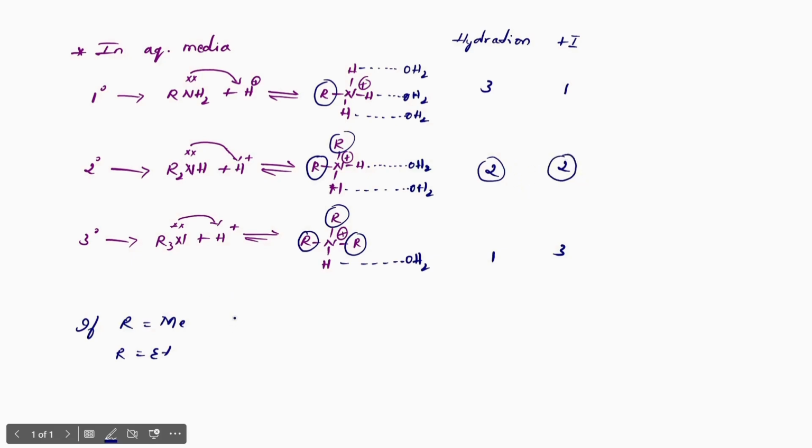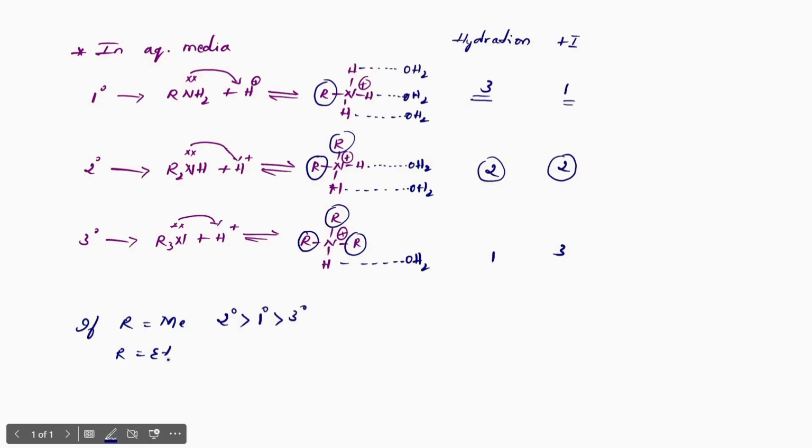Therefore, secondary amines are more basic than tertiary and primary. Then, coming to primary amine, here we have 3 hydrogen bonds and 1 positive inductive group. So, in this case, the hydrogen bonds take the preference over the positive inductive effect. Therefore, next is primary amines and then comes tertiary.